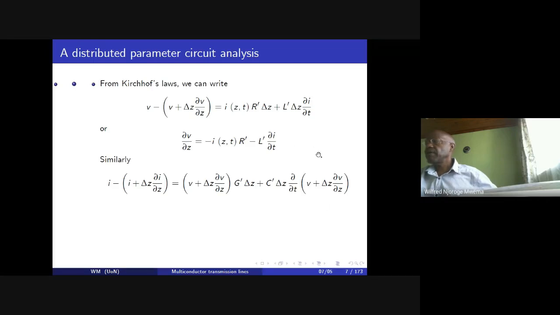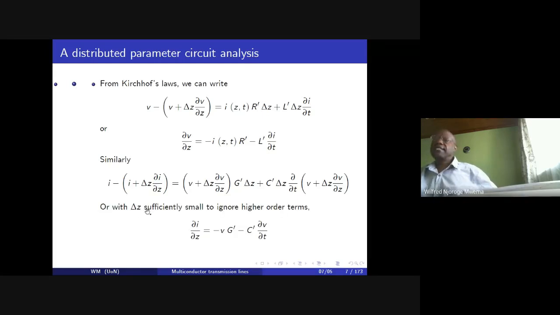Remember, here we are not worried about the dV/dt or the dI/dt at the other end. Here we are worried about dV/dz. We are differentiating the voltage at the corresponding terminal.